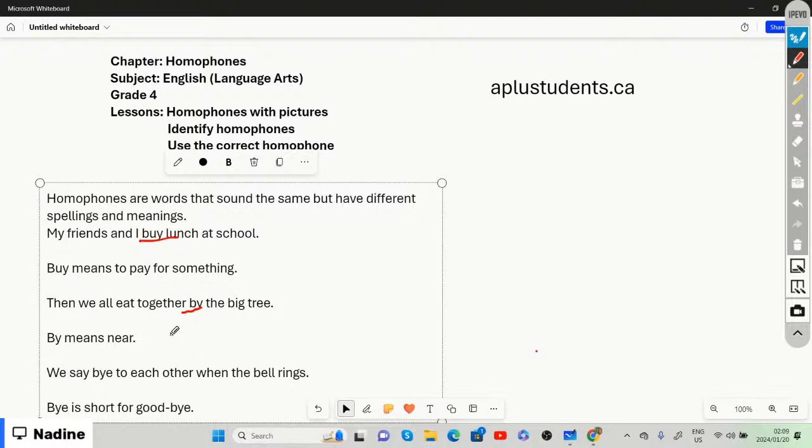So by the big tree, and if we look at the word by, it's almost like it's either near or far, depending on the distance.